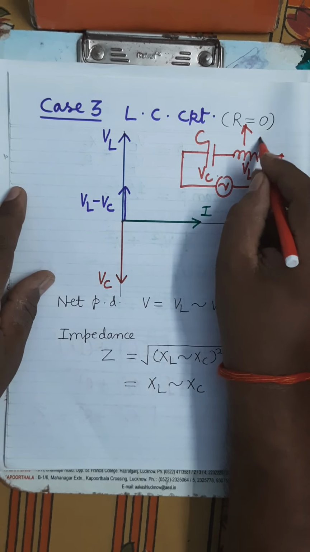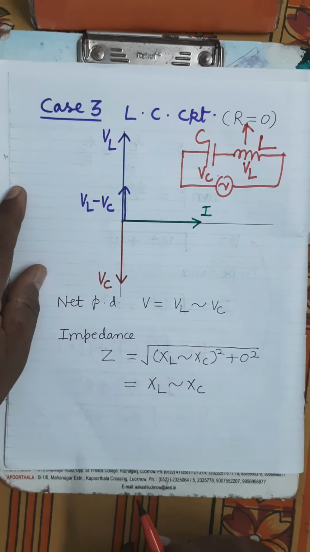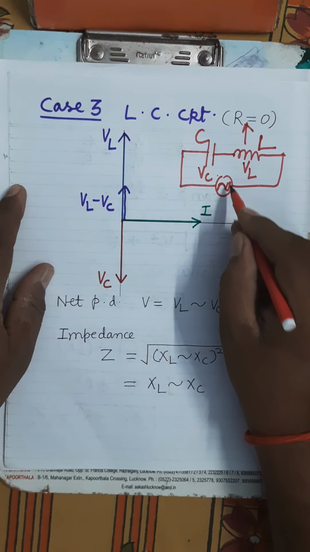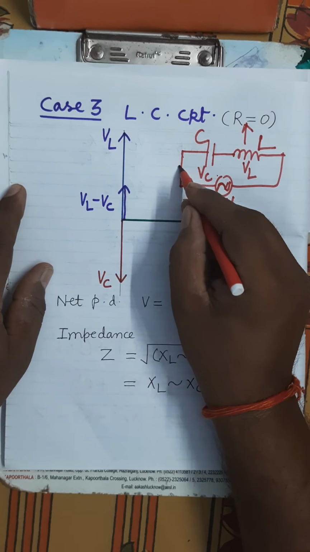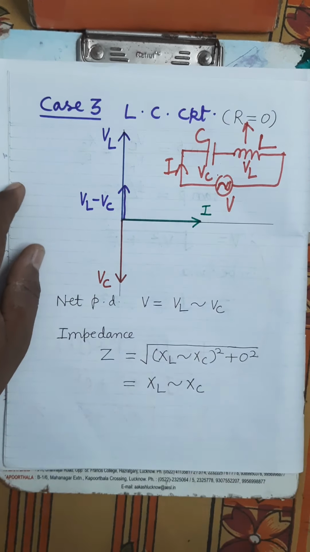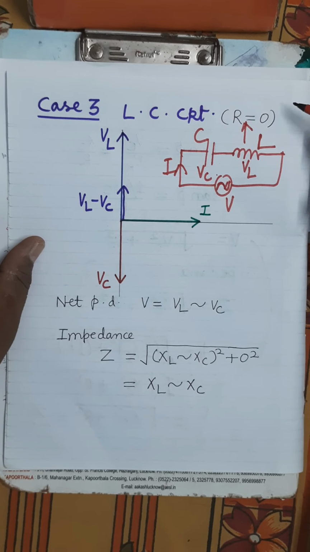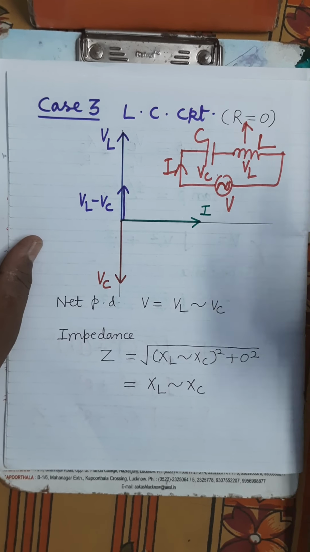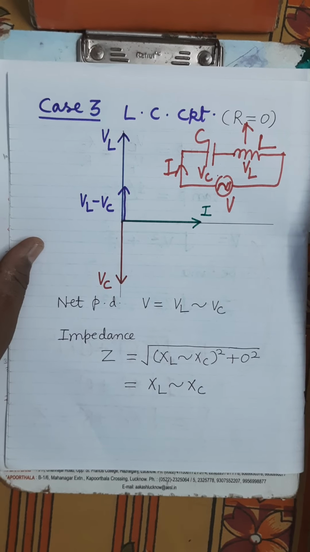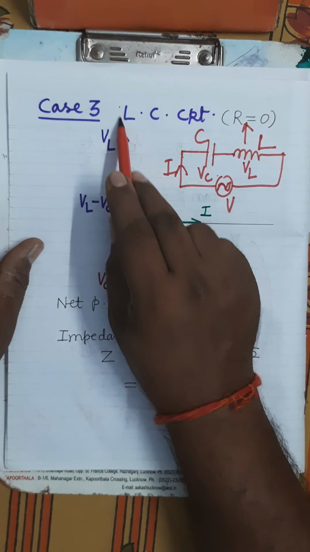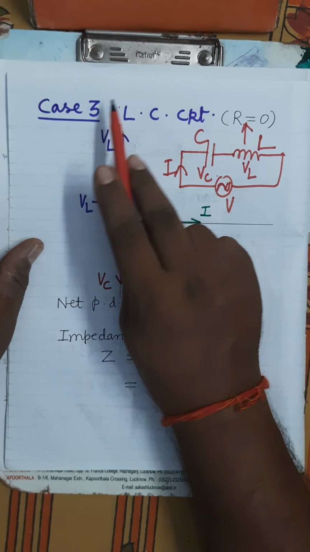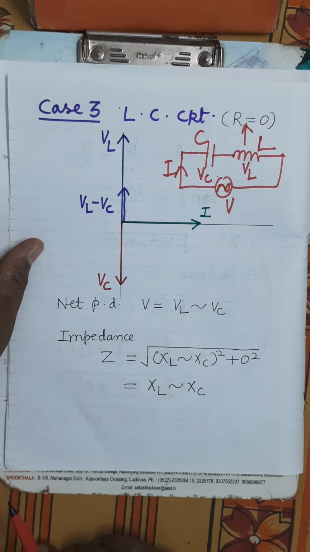This is the capacitor, this is the inductor, and this is the alternating voltage V. The current at any instant is I. This is a resistance-less coil, though practically it is not possible. Therefore, the LC circuit is only a conception. In reality, it doesn't exist.